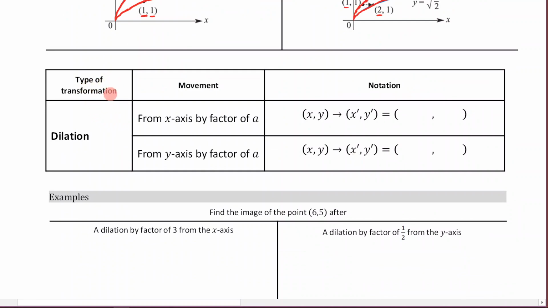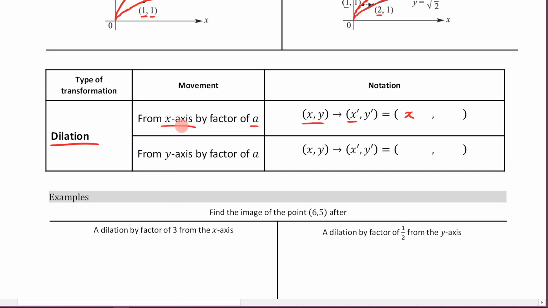So the type of transformation we're dealing with is a dilation. If we're dealing with a dilation from the x-axis by a factor of a, we're starting with our original point, and we get x dash, y dash. If I'm dilating from the x-axis, my x remains the same, so x dash stays as x.